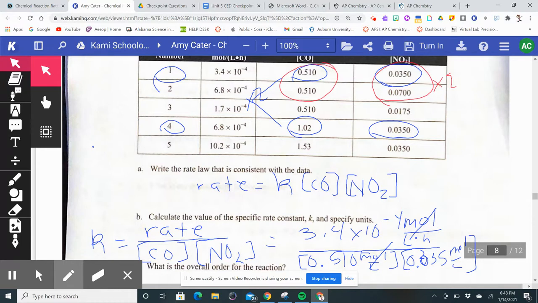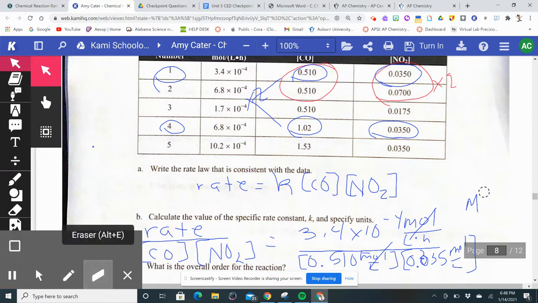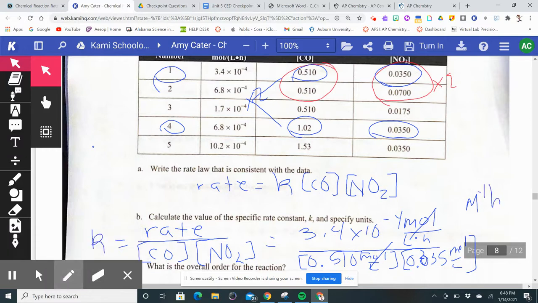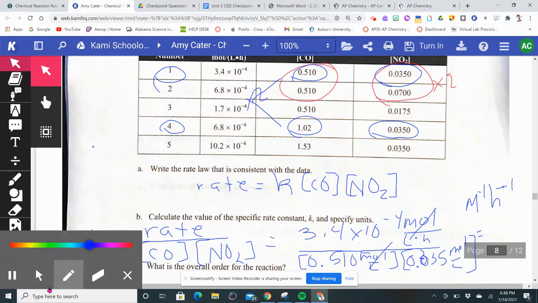The unit for that is going to wind up being moles per liter, or molarity to the -1, hours to the -1. Okay, those will be your units. But you yourself need to work out and get the number answer. I'm not going to do any more of this problem for you than I already have. Okay.